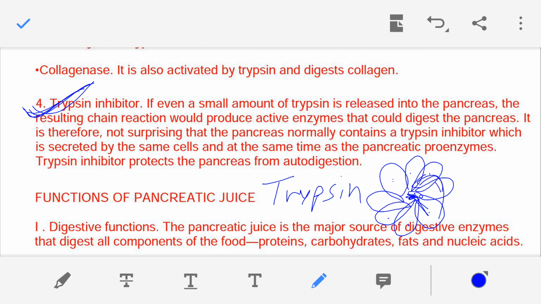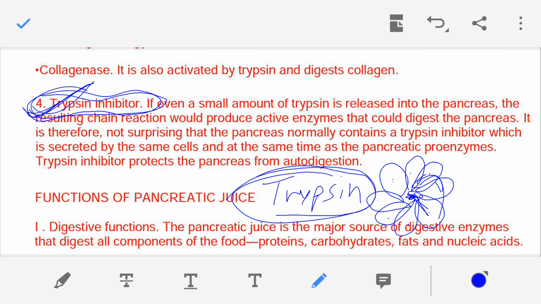When the acinar cell secretes trypsin, at the same time it also produces the trypsin inhibitor. The reason is that trypsin is such a strong proteolytic enzyme that it can digest the entire pancreas.